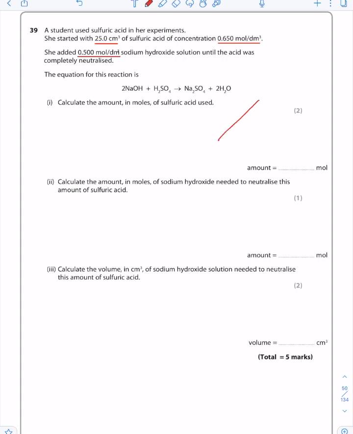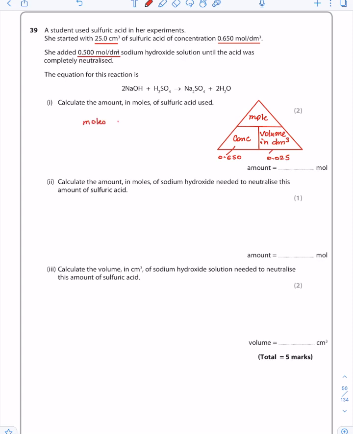هنبتدي نستخدم القانون بتاع concentration. Concentration is equal to moles over volume in cubic decimeter. فاحنا معانا concentration 0.650 ومعانا الفوليوم 25 بس هنعملها over 1000 يعني 0.025. هنجيب المولز.